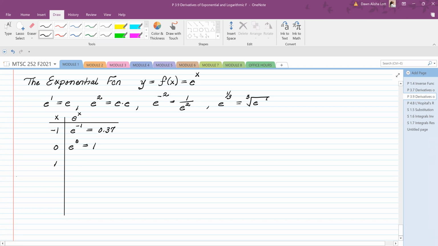E to the first power, we already know is that 2.71828 number. Probably should have given you some more digits on e to the -1, but it's okay. E squared is approximately 7.39 and some more decimals. E to the 10th, well, that number gets pretty big. So that's 22,026.